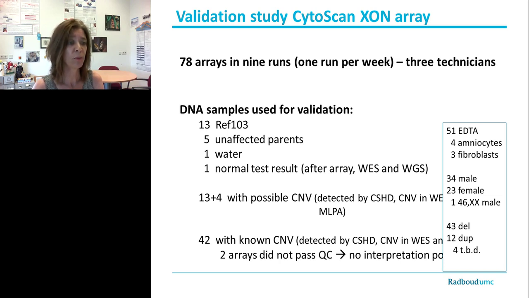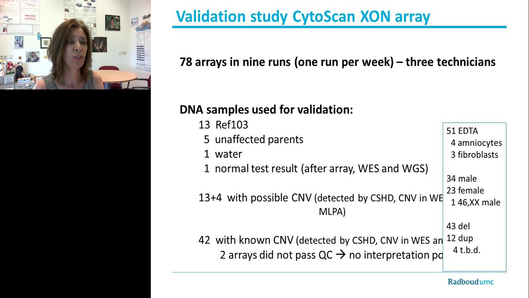In addition to that, we also had multiple samples with a known CNV detected by either CytoScan HD, CNV in exome, and/or MLPA, and also a number of possible CNVs. So we were not quite certain whether or not that CNV was indeed a true positive.